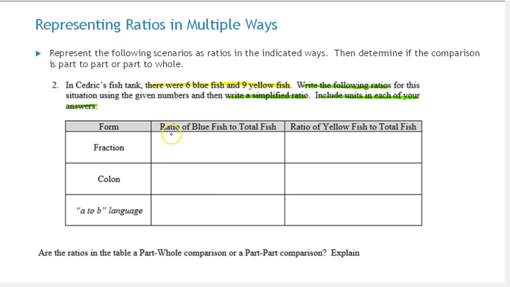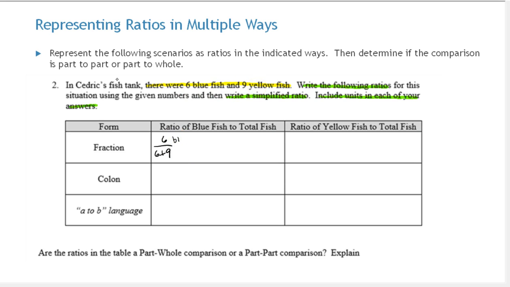Okay. So here we're asked for the ratio of blue fish to the total number of fish. Well, there are 6 blue fish, and the total number of fish would be including both the blue and the yellow, because it said there were just blue fish and yellow fish.